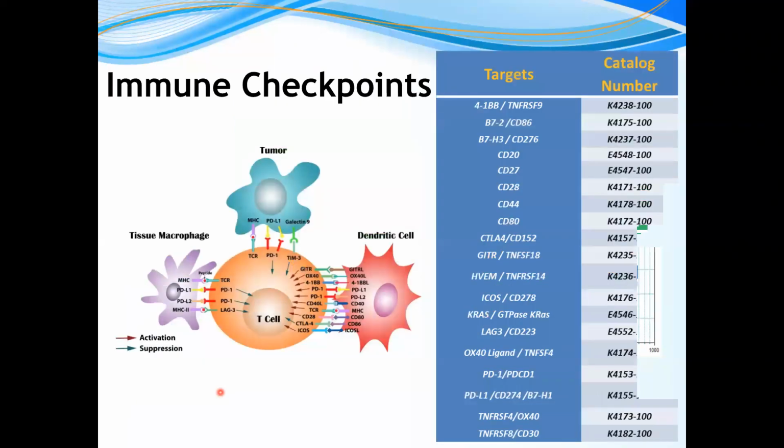The next category of ELISA kits that I would like to talk about is another very hot topic of research these days: immune checkpoints, or immunotherapy using immune checkpoints. As you know, the discovery of PD-1 and PD-L1 led to a breakthrough in the field of immunotherapy. Currently, we have added a few more targets that are getting more popular, like CD20, CD27, CD152, CD223.